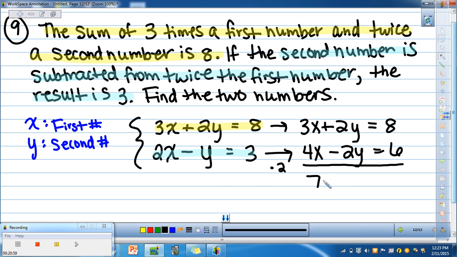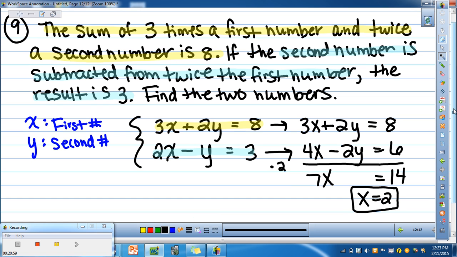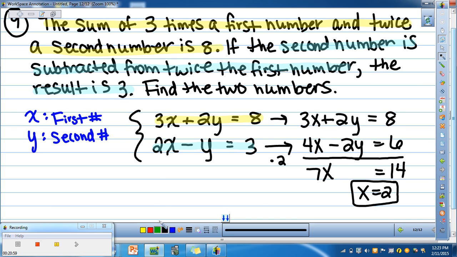Adding our pieces together, we get 7x. The y's eliminate. 8 plus 6 is equal to 14. So x is 2. This tells us that our first number is 2. Now to find our second number, we can plug that back into either one of the original equations. I think I'm going to do the second equation this time.